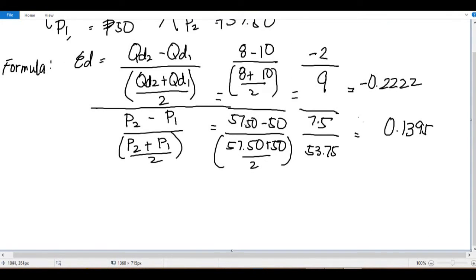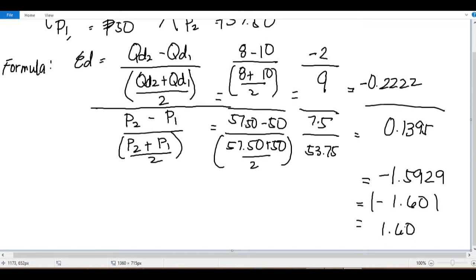Divide na natin. Negative 0.2222 divided by 0.1395. So, we have negative 1.5929 or negative 1.60. Sabi, absolute value, we look at 1.60. So, when you categorize it, this is more than 1. Okay? Ano nga pag more than 1?